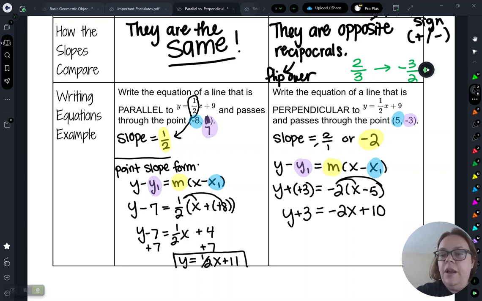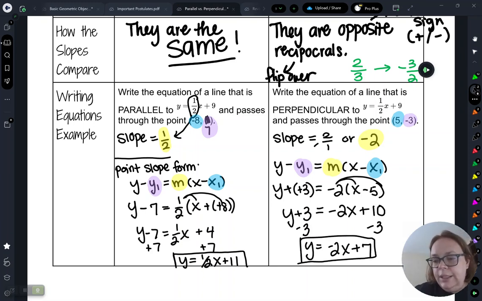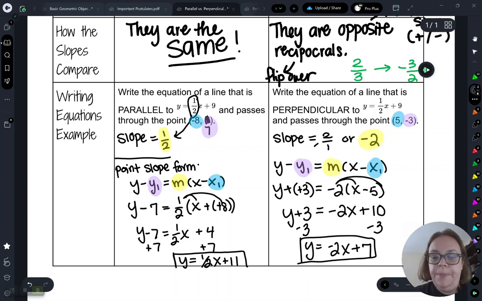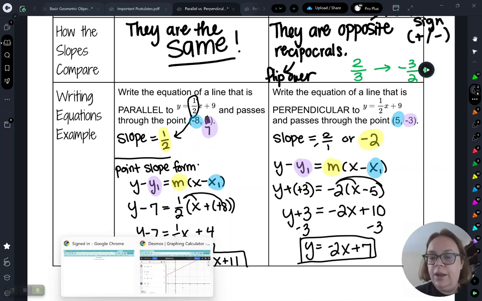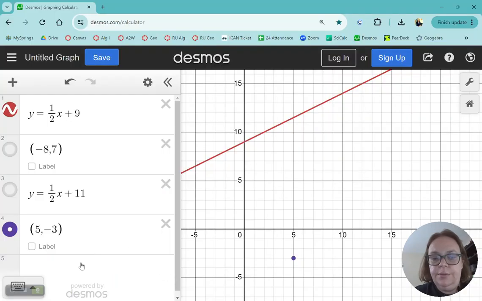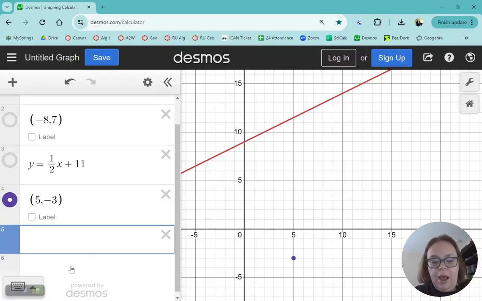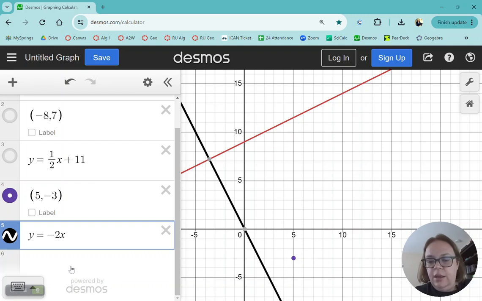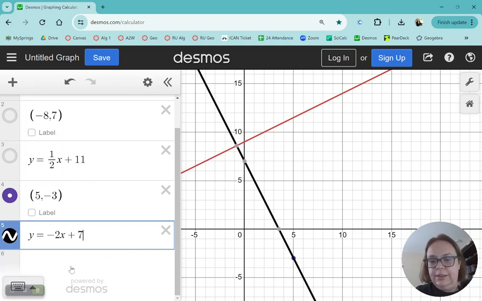And then from there, I'm going to just get rid of this 3 by subtracting it. Okay, let's plug it into the grapher in Desmos and see what it looks like. So we got y equals -2x plus 7.